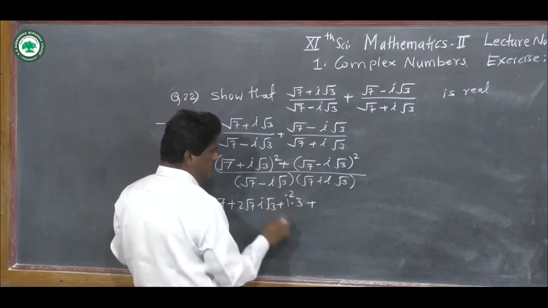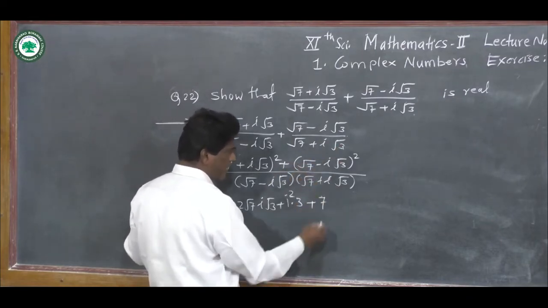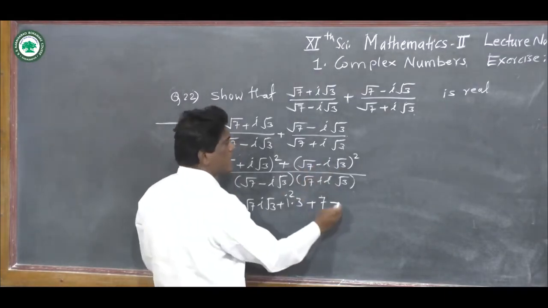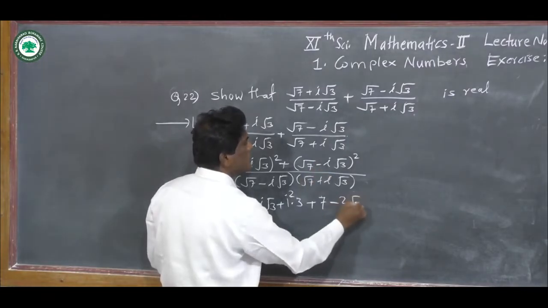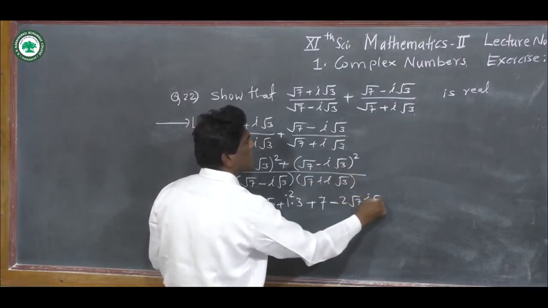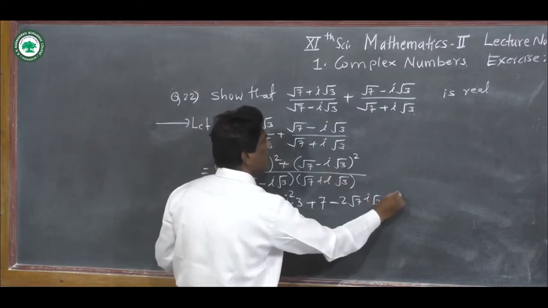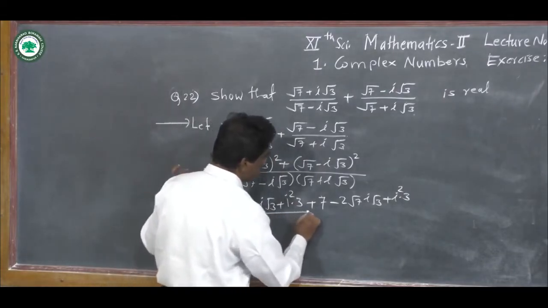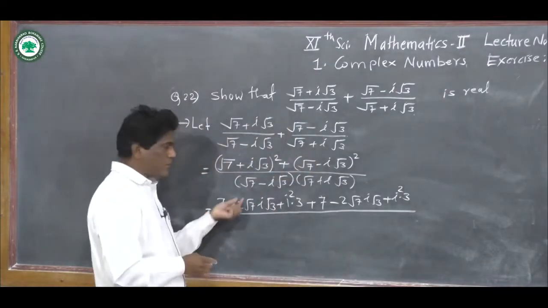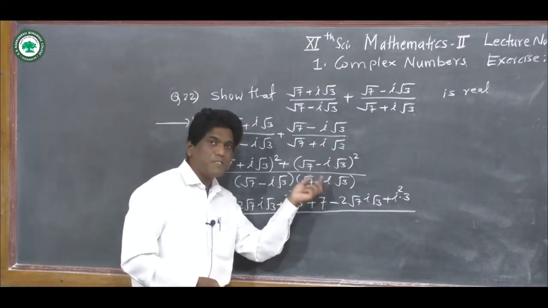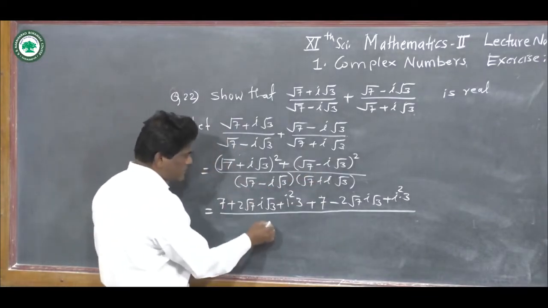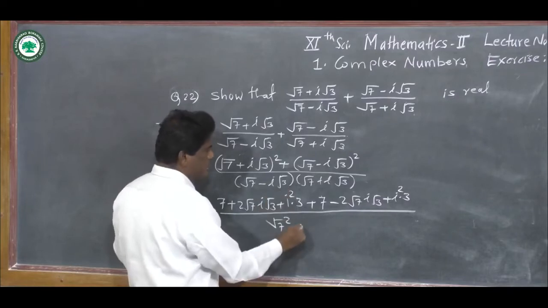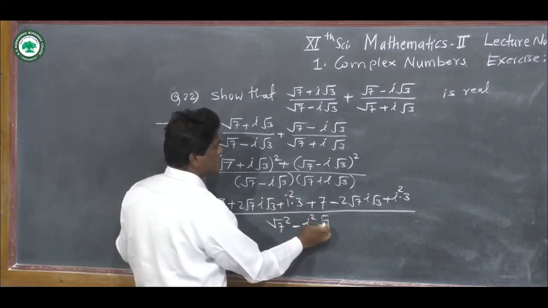Plus here expand this, √7 square, that is 7, minus 2 times this, because (a − b) square has minus twice ab as the middle term, so minus 2 into √7 into i√3, and plus b square, that means i square into √3 square is 3, divided by, using the formula (a − b)(a + b), that is a square minus b square. a means √7 square minus b square means i square and √3 square.